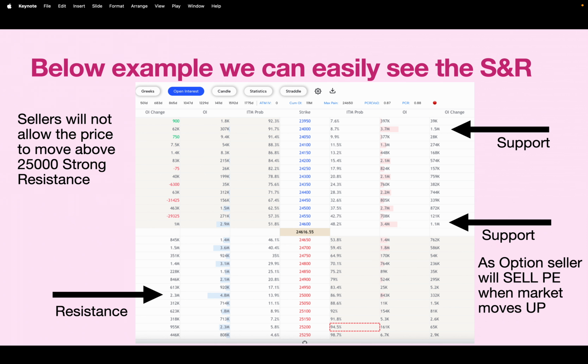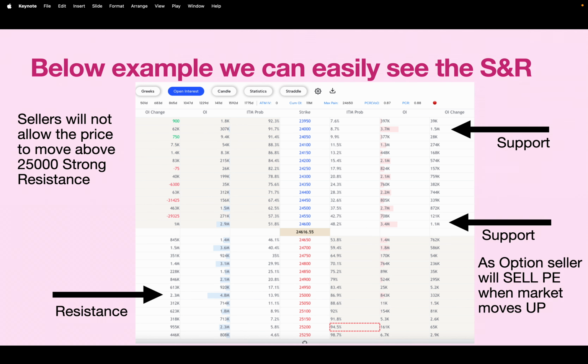But in terms of option selling, he will sell that particular option. When the price goes up, the option seller will earn the money, so in that case he will sell that option.